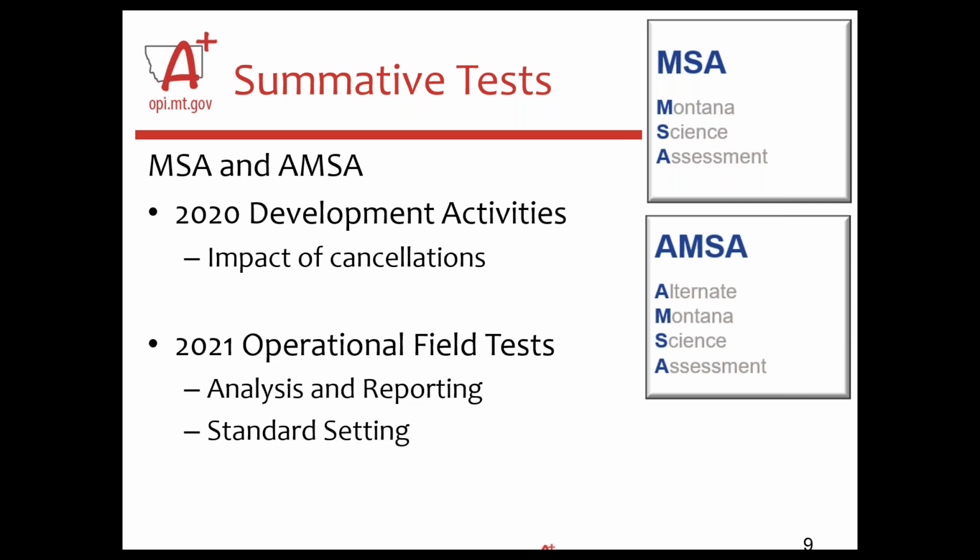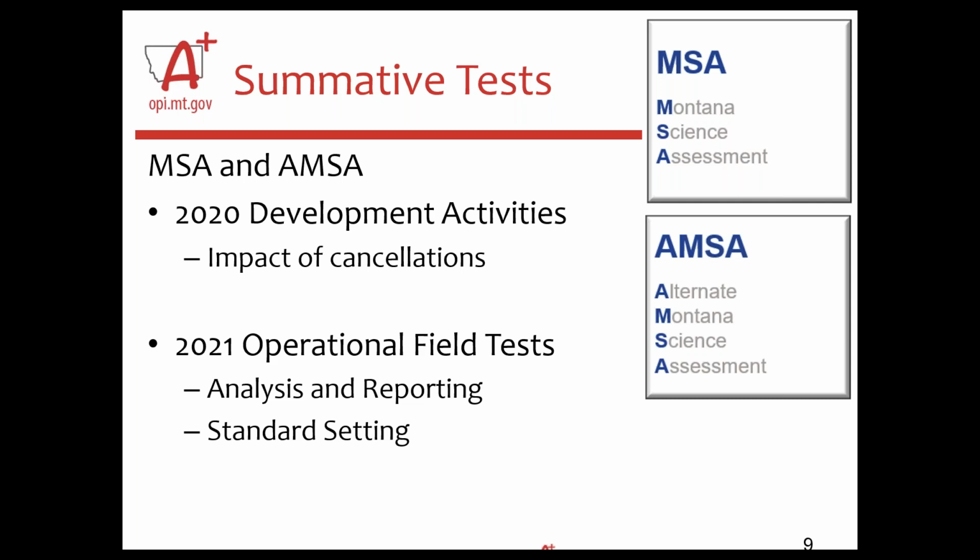But in this case, the items will all be analyzed. Those that don't work will be taken out of the pools, and then the adjusted results will be used for ESSA reporting and standard setting and all of those activities that we do after testing. That's not an ideal process, but we work with what we have, so that's okay.